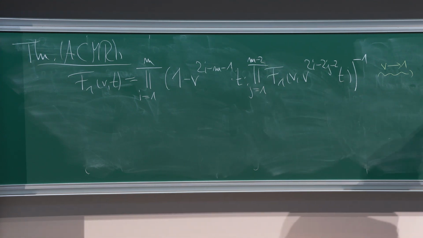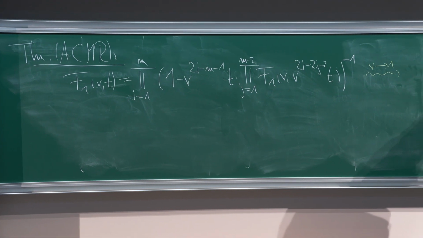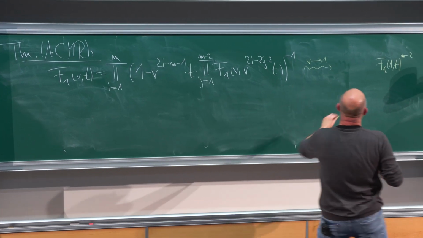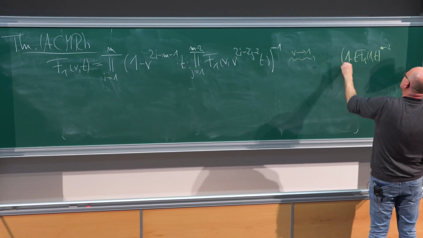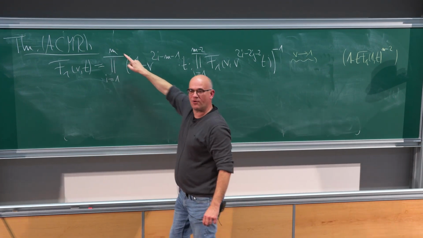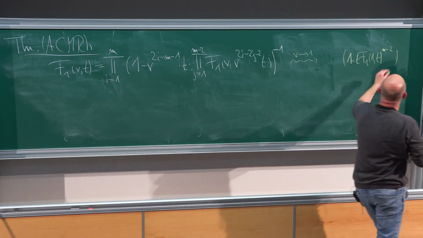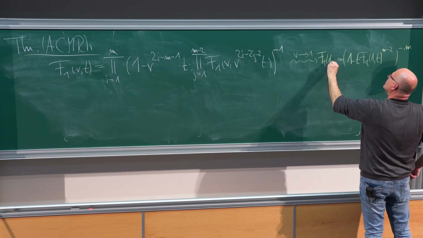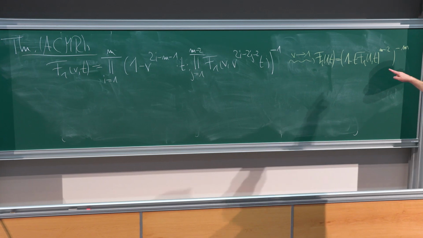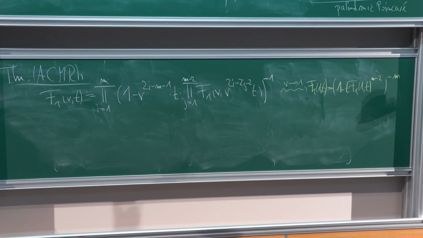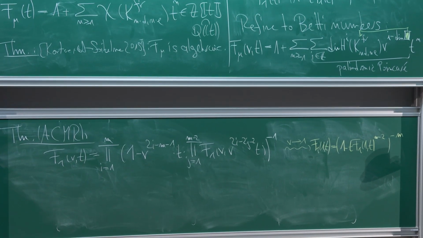So we have f1(1,t) to the m minus 2. We have this 1 minus t in front. Then we have an m-fold product of the inverses of this, so minus m. And this is f1(1,t). And this is really exactly what we did there, just dividing by the right factor.